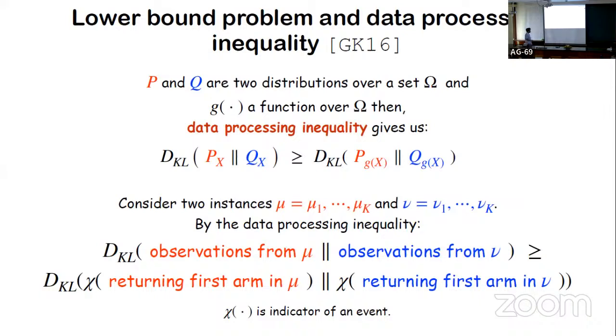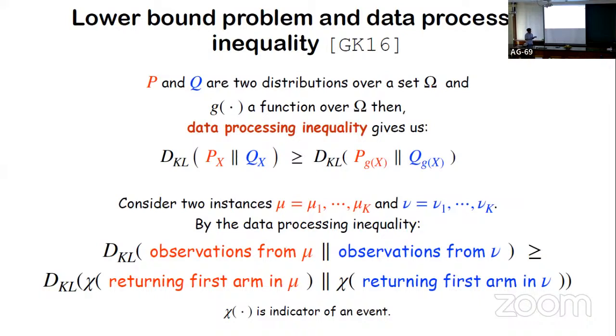By observations from mu, I mean that the algorithm doesn't know what the distributions are. It just sees the samples and the arms it has picked, and based on the history, it picks another arm and sees another sample, and in this way the algorithm goes on. So one can think of the algorithm as this function.